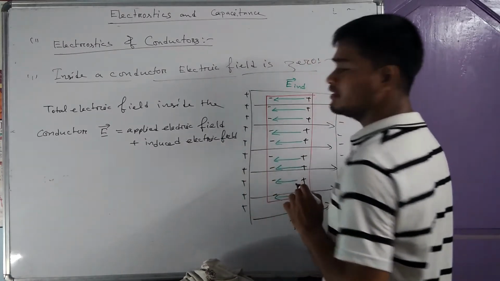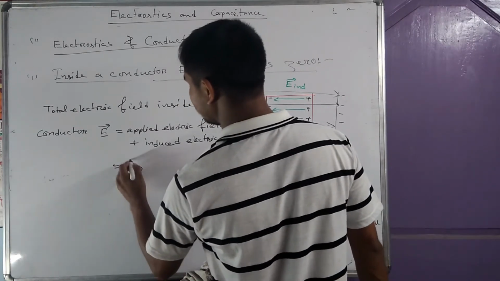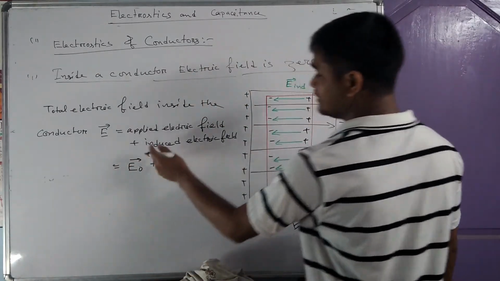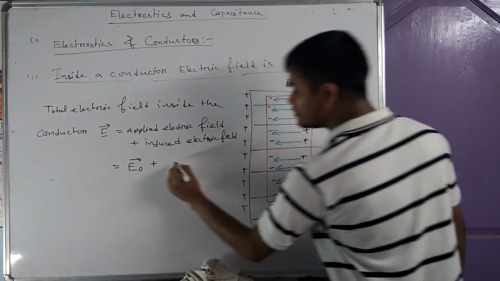This is the total electric field E. What is the applied electric field? That is E naught plus induced electric field. This is E induced, okay?